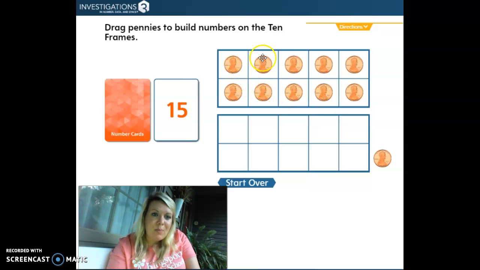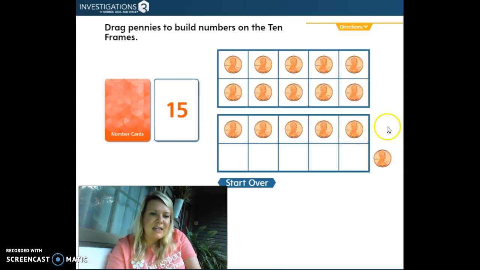So we have filled up one 10 frame, so we know that the number 15 has at least one 10 in it. How many more do we need? Let's keep counting. 11, 12, 13, 14, 15.